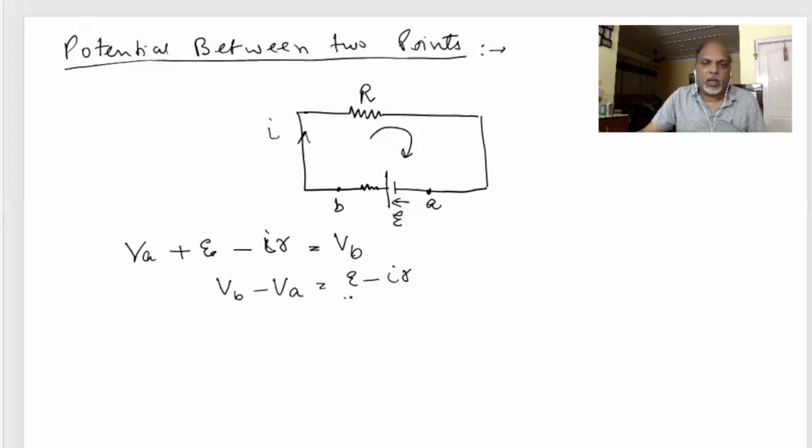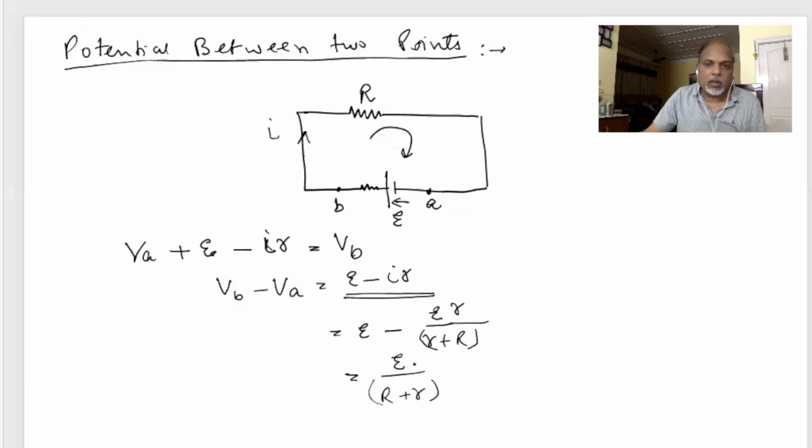This is the potential between A and B. If you don't know I, we can replace I, which in case of internal resistance we already know is E upon R plus r, into r.